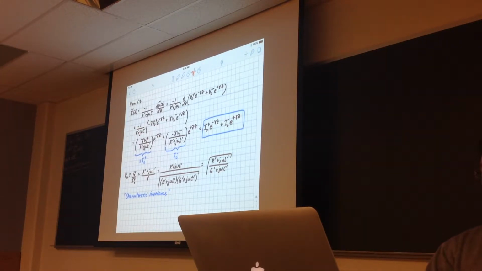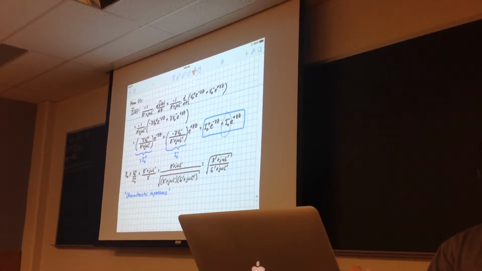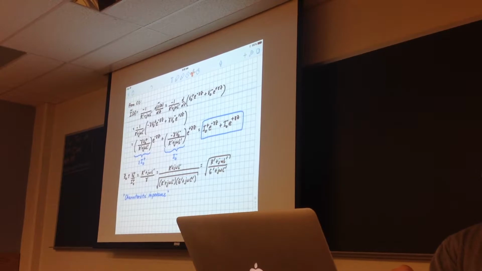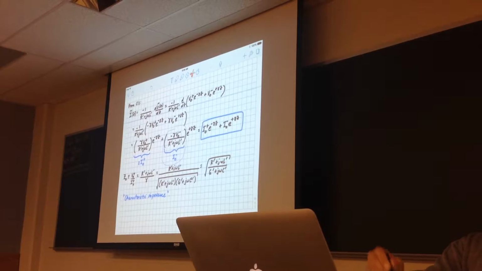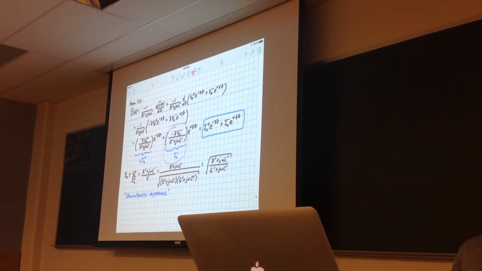I0 plus and I0 minus are related to the voltage. So gamma V0 plus over R prime plus j omega L prime is what we define to be I0 plus, and minus gamma V0 minus over R prime plus j omega L prime is what we define to be I0 minus.